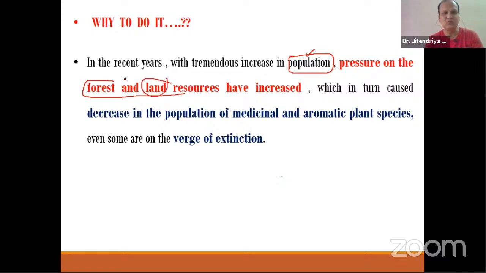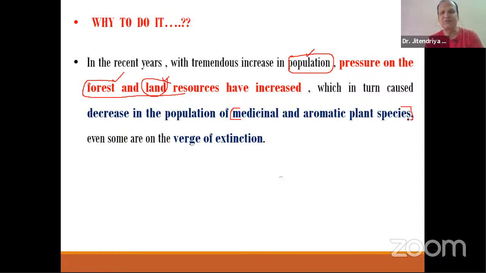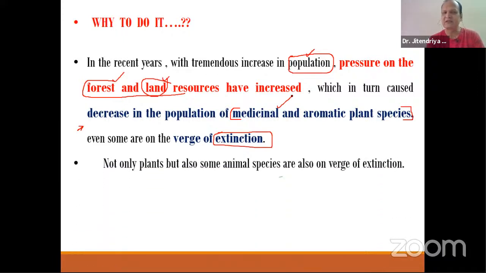Whatever lands and forests are being used, those plant materials are devastated. For that reason, the medicinal and aromatic plant species need to be preserved, otherwise they are on the verge of extinction. This is the main motto, to preserve these requirements in various countries.